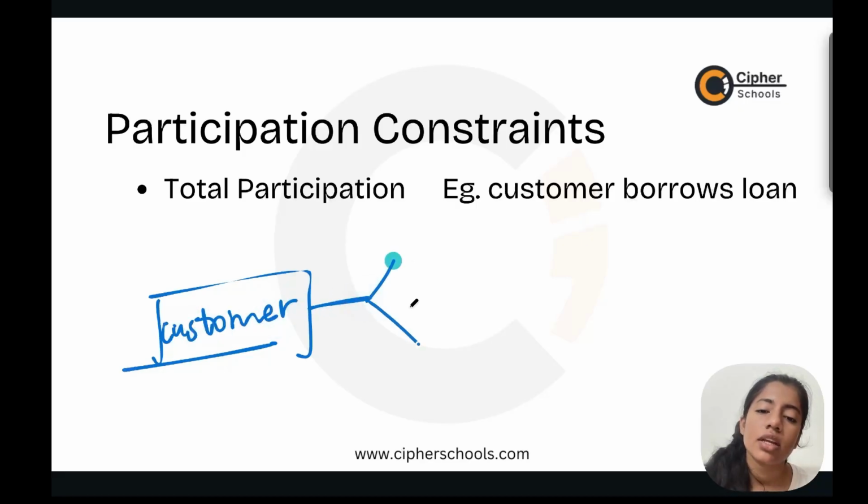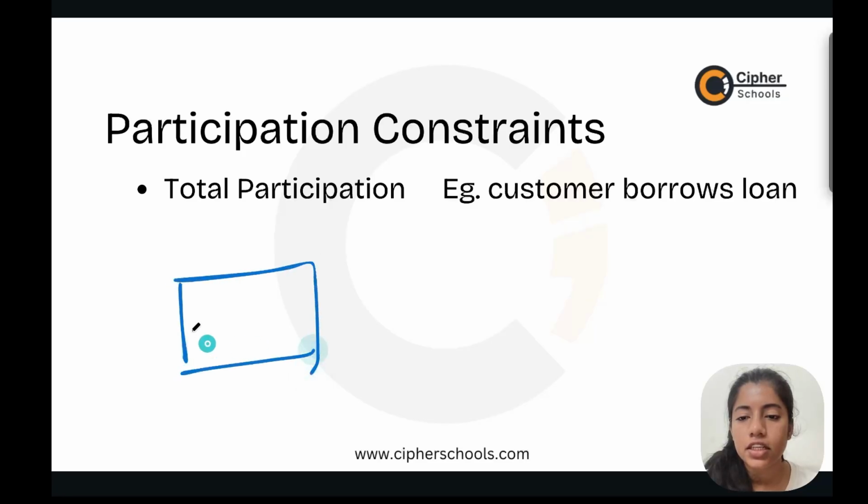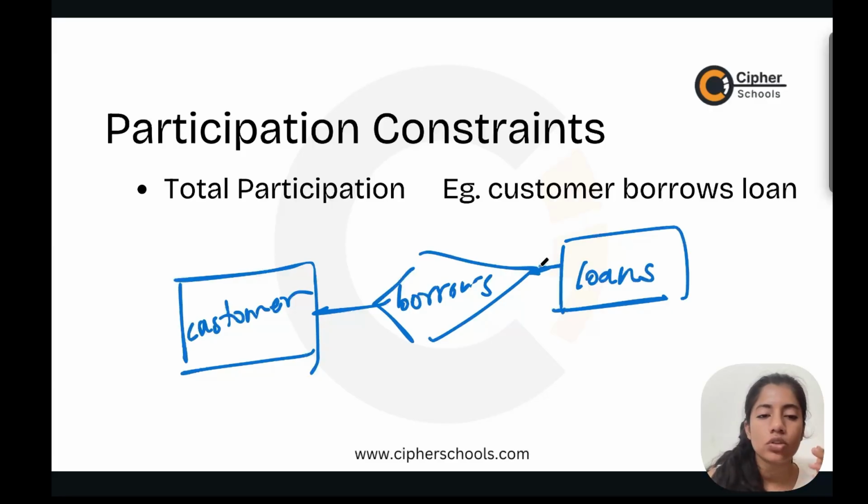A customer may or may not borrow a loan. Now try to imagine the situation for any loan. All loans are associated with one or the other customer. It is not possible for a loan to independently exist without any customer. It is always there.